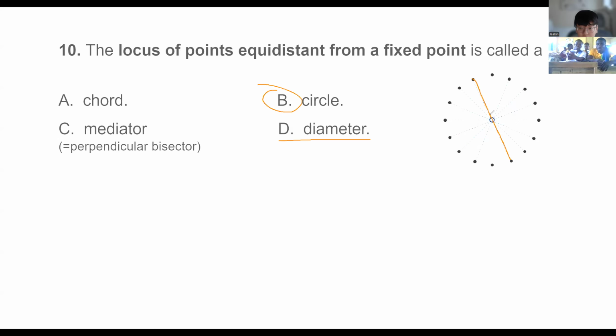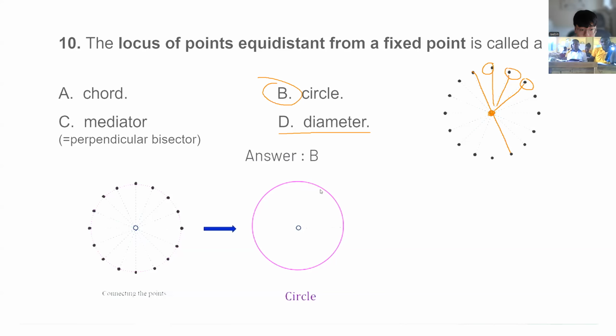So a circle is equidistant from the center, right? Every point from the center, like this one, this one, this one, they're all equidistant. That will be the radius, right? So if you connect the dots that are all equidistant from the center, it'll form a circle.